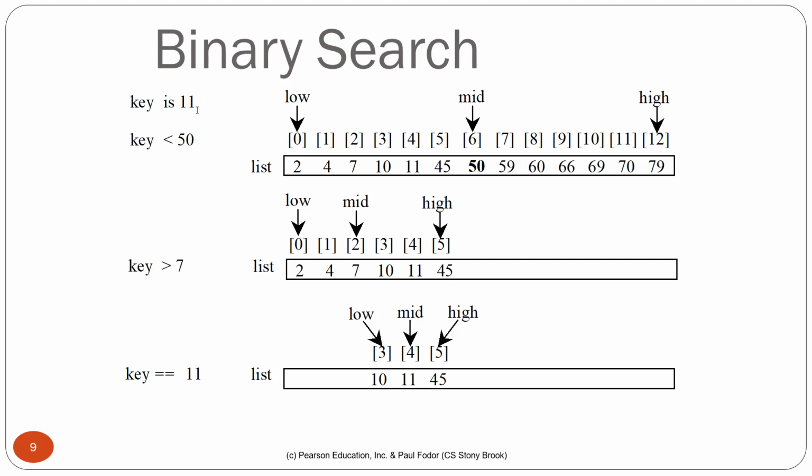When you compare key with 50, 11 is less than 50. That means we should not consider the right subarray anymore, not even the middle one. Now we will search for 11 in the lower subarray. Here for the lower subarray, again you should find the middle element. The middle element right here is 7. 11 is greater than 7.